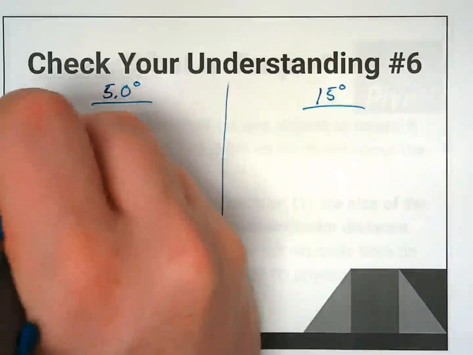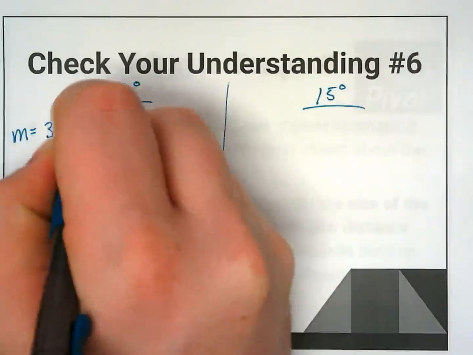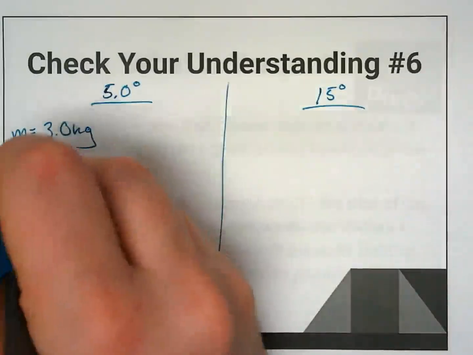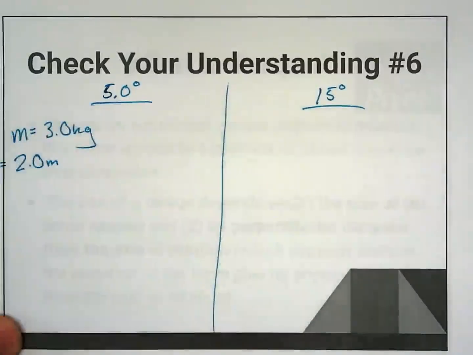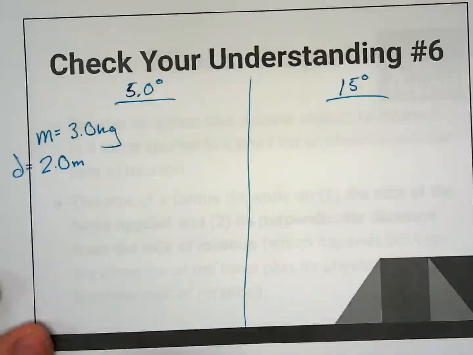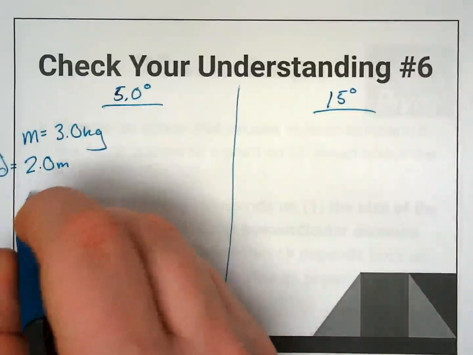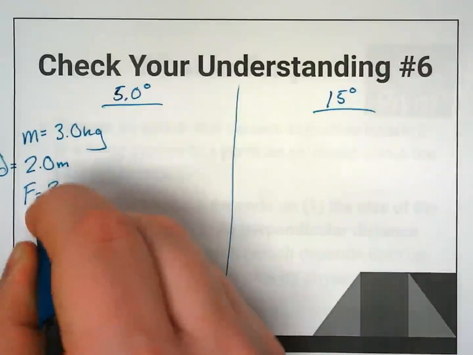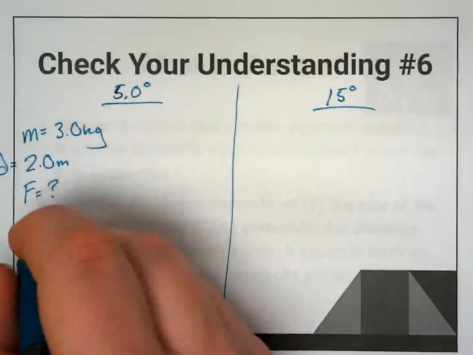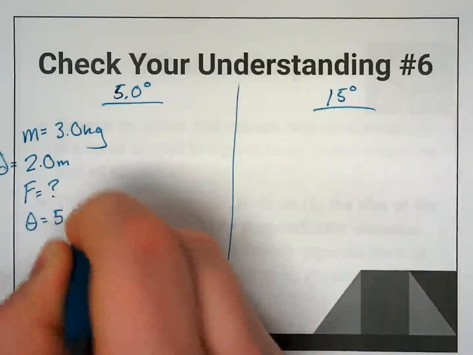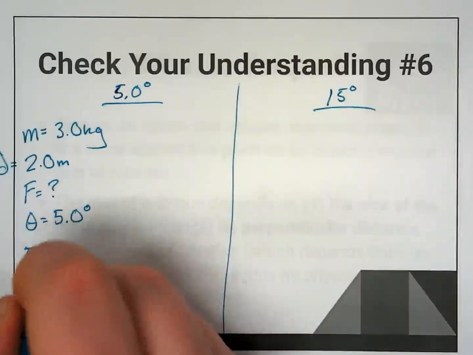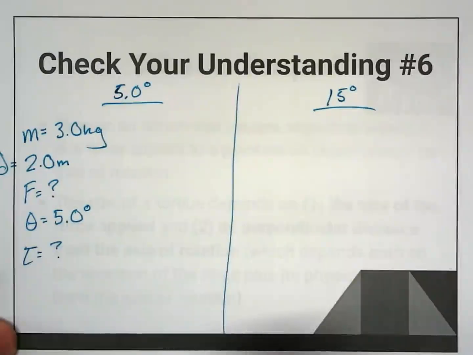We've got a mass of 3 kilograms on our little dude here. It's hanging down 2 meters, I put D is equal to 2 meters. We've got theta, 5 degrees. We're wanting to know, what's that torque going to look like?